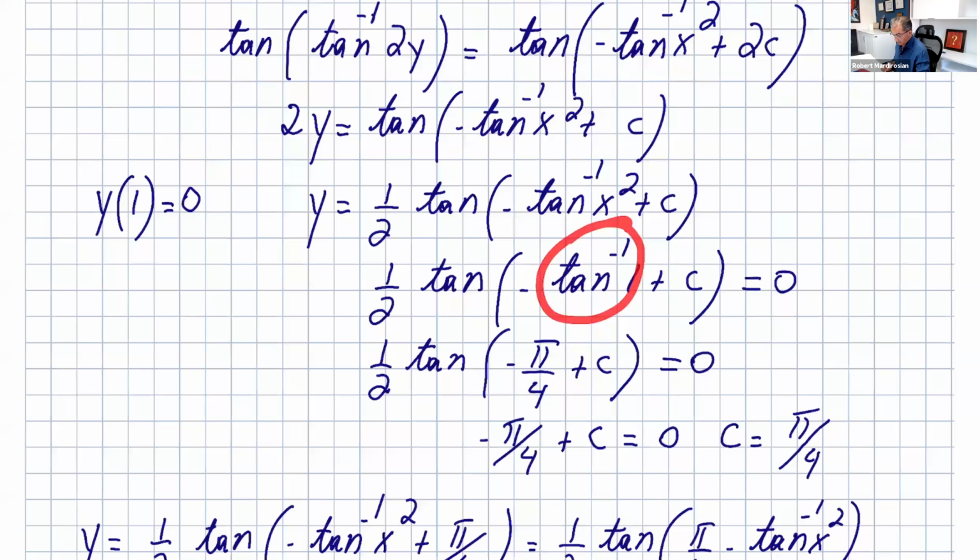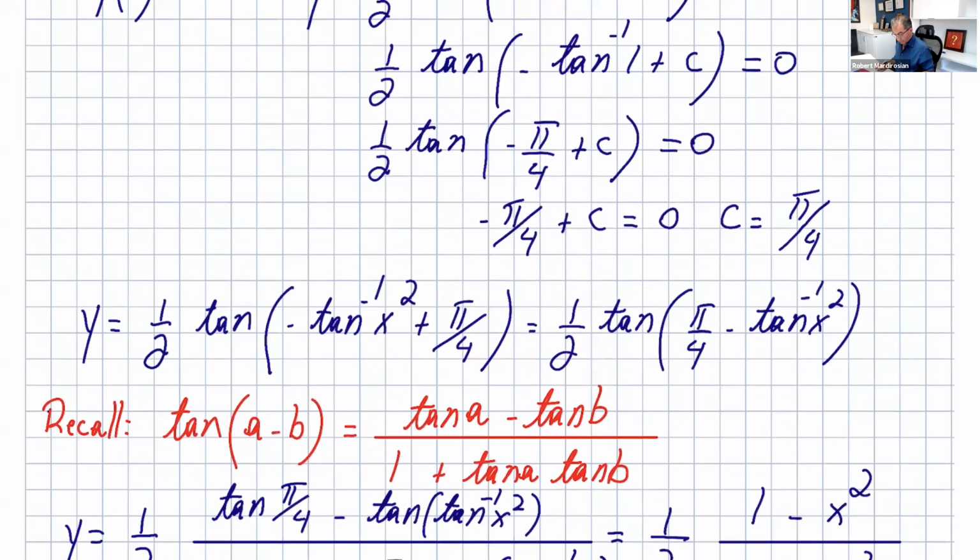Tangent inverse of 1, we know it's pi over 4. It's an angle. So you get 1 over 2 tangent of negative pi over 4 plus c equals 0. Tangent equals 0 when the angle equals 0. That means negative pi over 4 plus c equals 0. You solve for c, and c equals pi over 4.